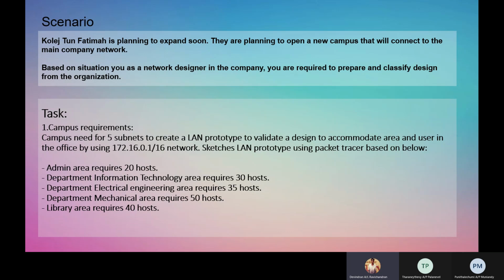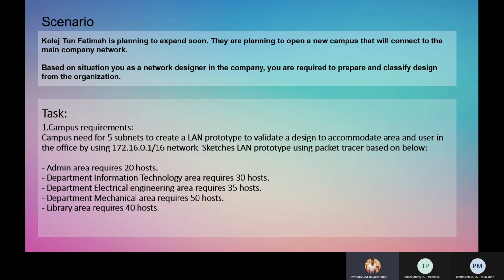Campus requirement. The campus needs 5 subnets. Create a LAN prototype and validate a design to accommodate users in the office by using the 172.16.0.1/16 network. Build the LAN prototype using Packet Tracer based on the following.